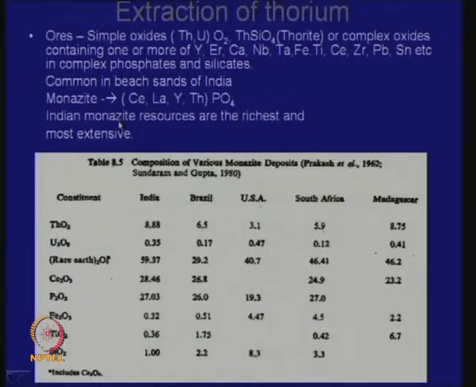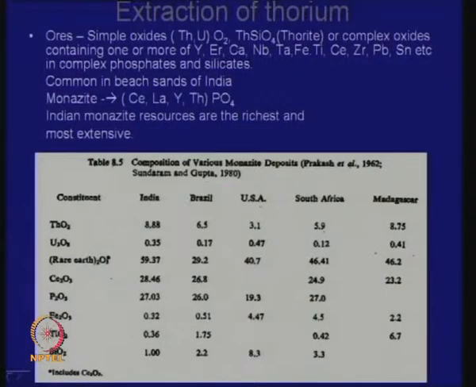Indian monazite resources are the richest and most extensive in the world, and we are hoping that someday we will come to this thorium cycle and will produce from thorium the U-233, which will give us the nuclear energy in future. But to come to that, we have to first have uranium-235 and plutonium-239. Initial stages will need those.